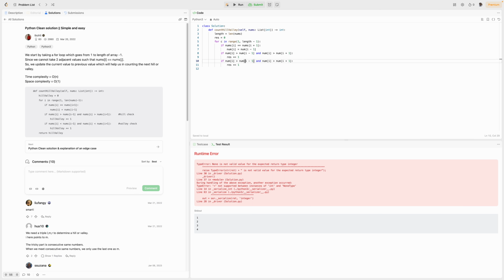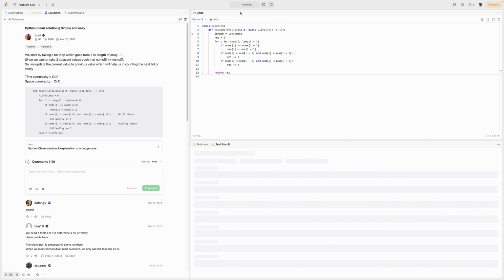Okay, now we just swap this case right here, and in the end we're just going to return res. That's genius.